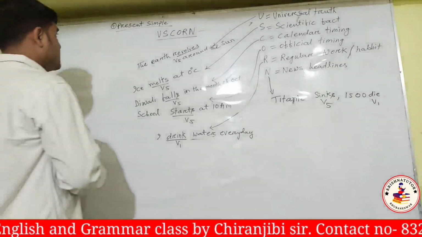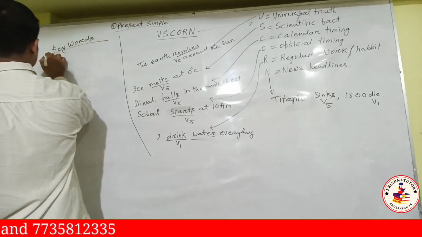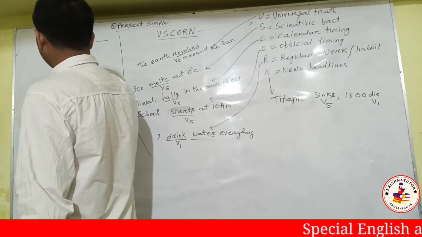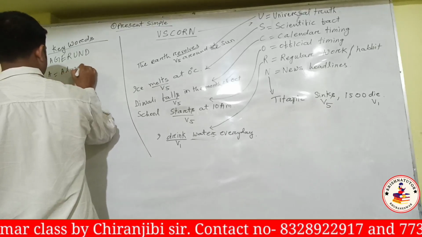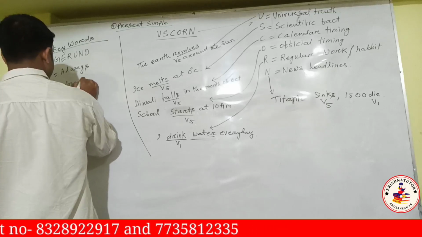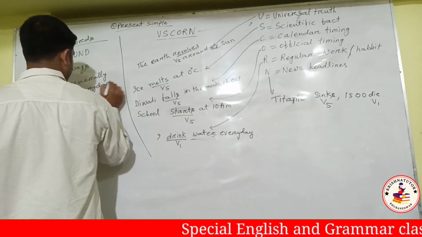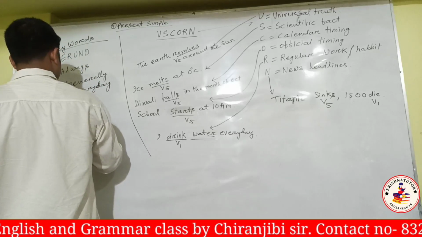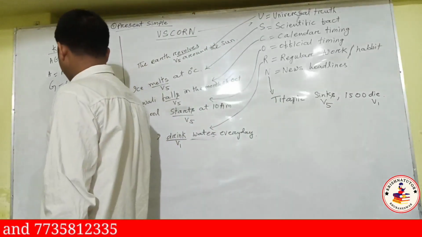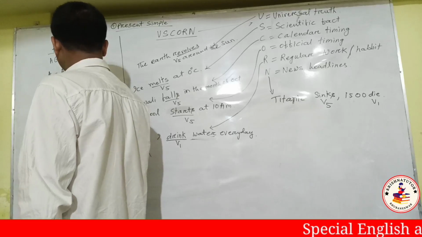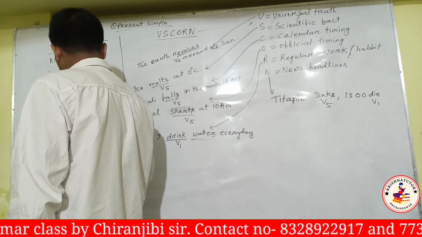Okay, next listen to me. If I talk about the keywords of present simple tense, how do we know which sentences have keywords? Remember GERRUND: A for always, G for generally, E for every day, R for regularly, U for usually, N for normally, D for daily.